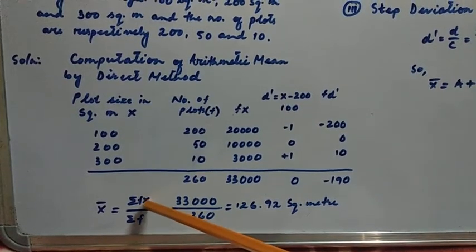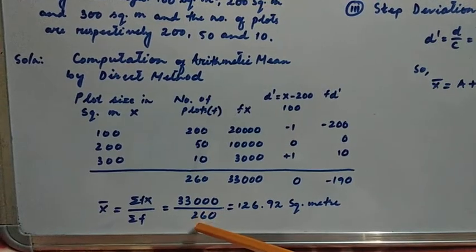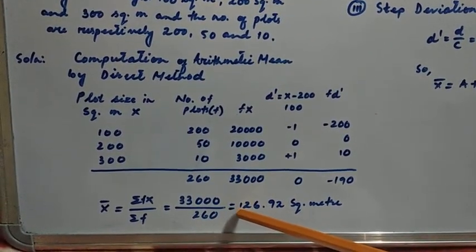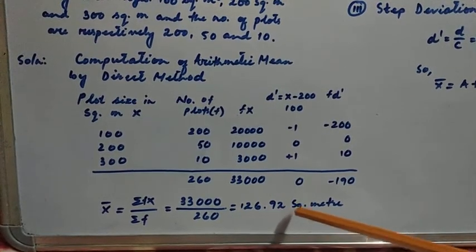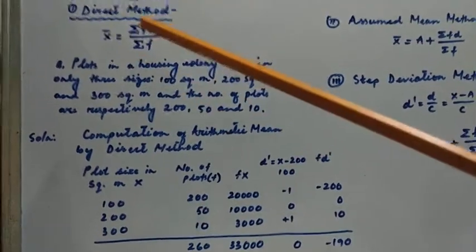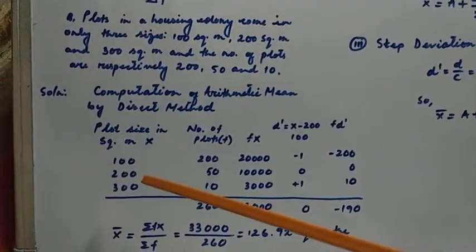Summation fx is 33,000 and summation f is 260. When we divide this, we have 126.92 square meters. So this is the way we calculate the direct method under grouped data for discrete series.